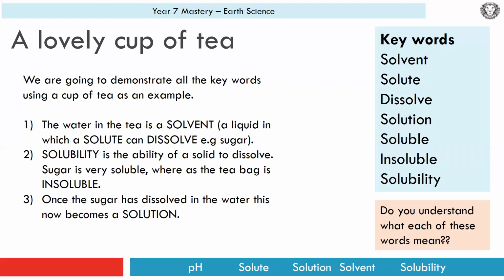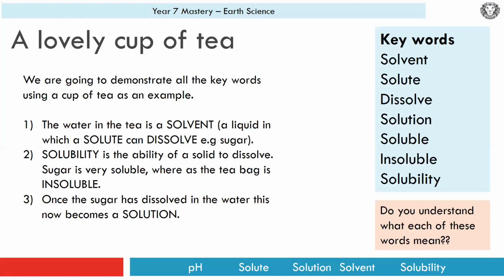So the water, once again, is the solvent in tea. The solute, once again, is something that dissolves in a solvent. In the example of the cup of tea, the water is the solvent and the sugar is the solute.